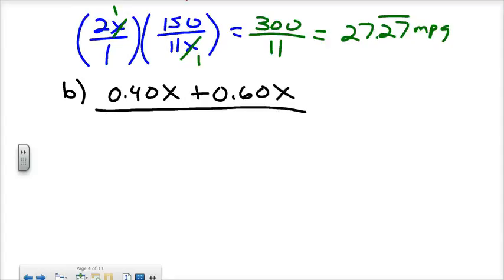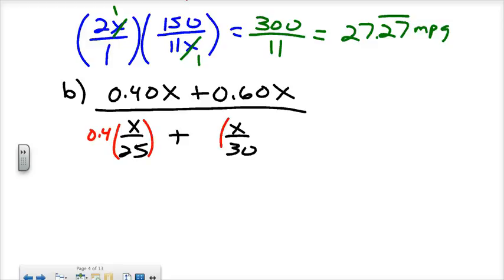Because before, our gallons would have been x over 25 for the town plus x over 30 for the highway. But we're only doing this 40% of the time, and we're only doing this 60% of the time. So things just got a little interesting.